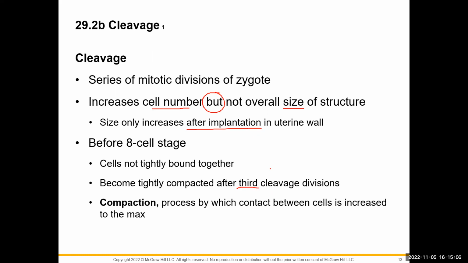After that we get the phenomenon called compaction, when the cells become tightly packed. They have this tight contact between themselves, and we call that compaction.